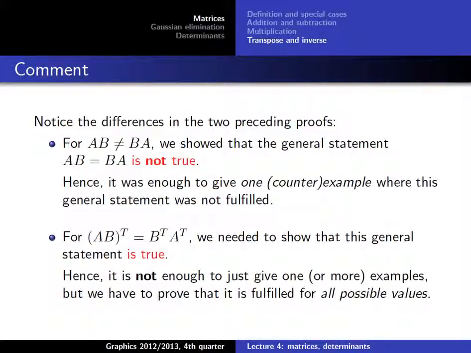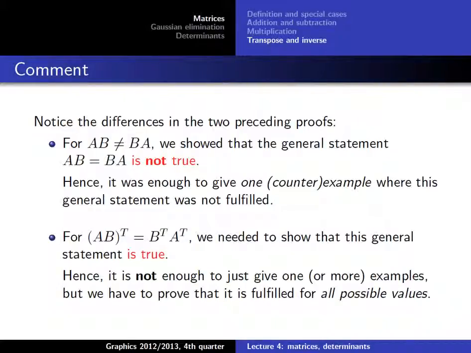So in a situation where we want to show that something is true, we have to make a general case where we use general values, like I did in the previous case where I only used C_ij to do all the calculation, and this ij can be any value in the matrix, so we have proven it for any possible value, and that is the general proof required for such a situation.